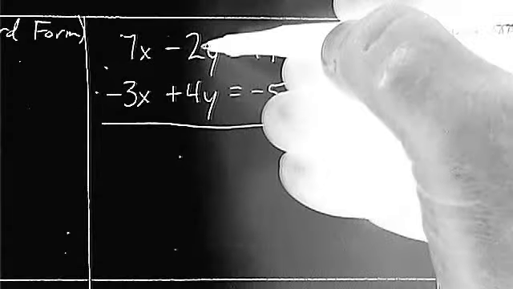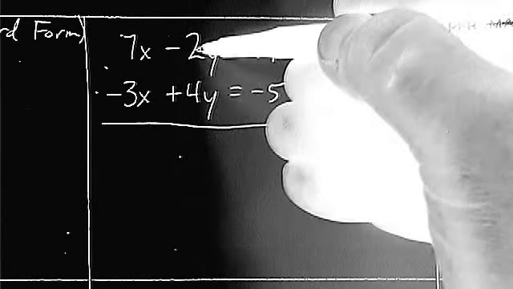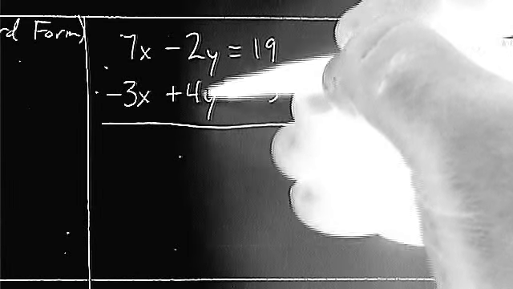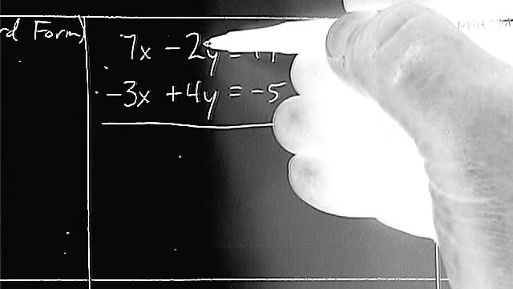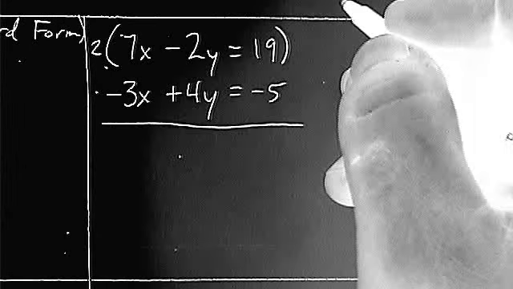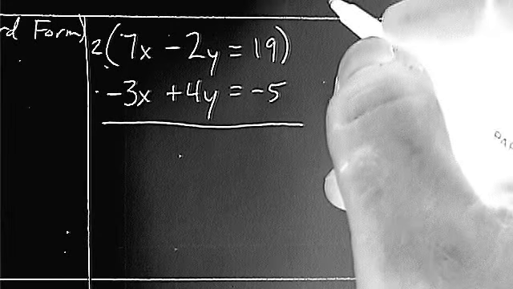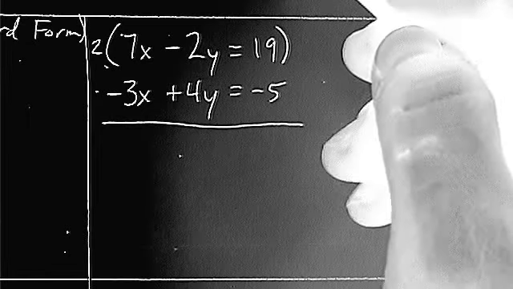I noticed that this negative 2y and this positive 4y would be a good place to start. So I'm going to turn this into a negative 4y. And the way that I do that is to multiply this entire equation by the number 2. You can't just do it to part, you have to do it to the whole thing.